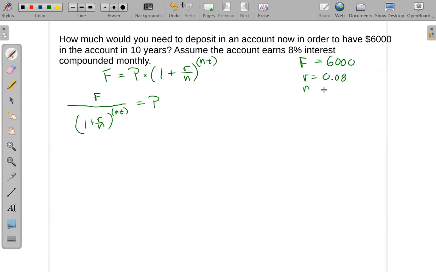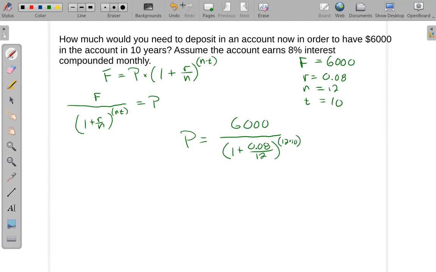We're compounding monthly, so N is 12, and T is 10. So for our present value, we're going to have 6,000 divided by parentheses 1 plus 8/100ths, split into 12 times a year, and the power will be 12 times 10.